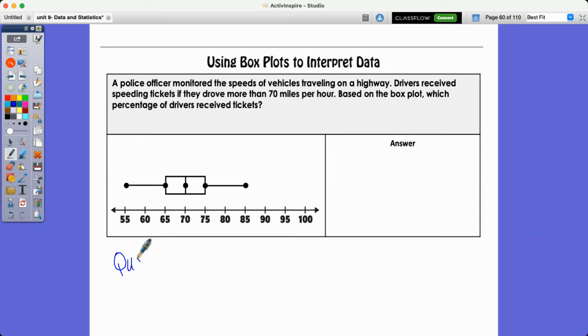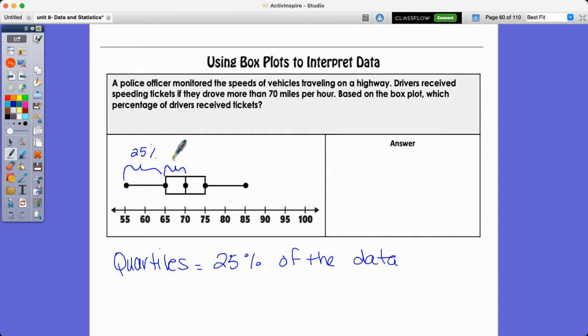Quartiles means 25% of the data. So each piece here is 25% of the data. It doesn't matter how big or how small the data is, each piece is 25%. The bigger it is, the more variability there is, but it still holds 25% of the data.